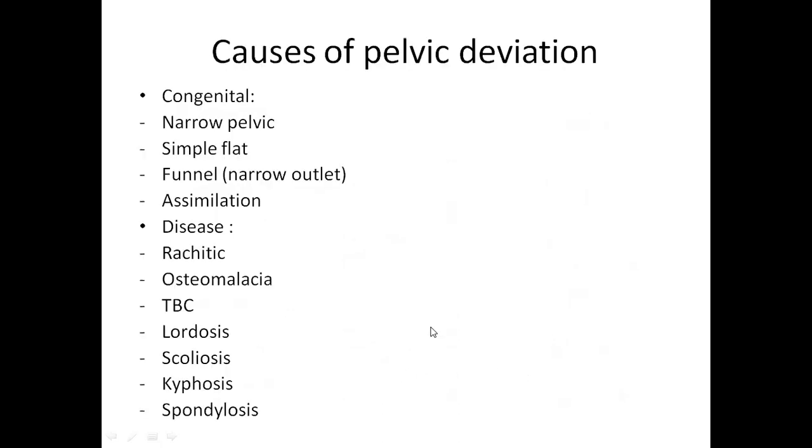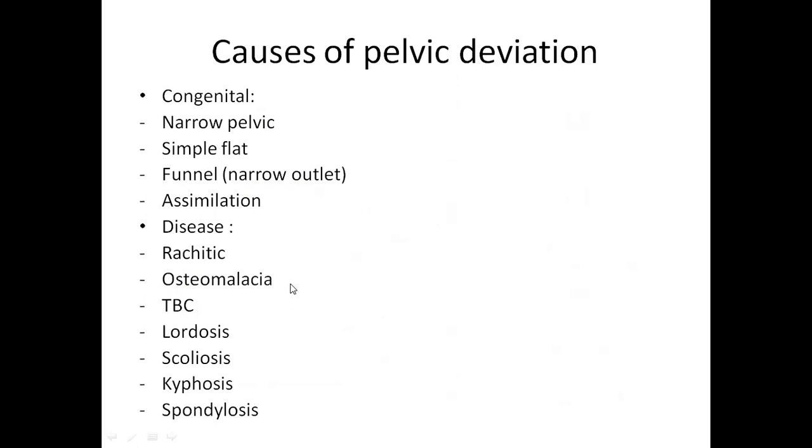Now there are certain conditions where we have pelvic deviation, which may be congenital. By birth itself there may be some defects. There may be a narrow pelvis or flat pelvis, or a narrow funnel-shaped outlet, or assimilation. It may be because of underlying diseases like rickets, the rachitic pelvis, or osteomalacia, where the bones have become very soft.